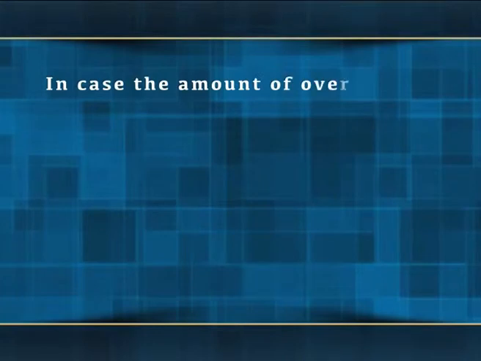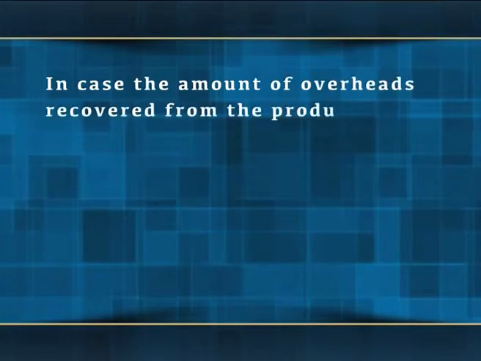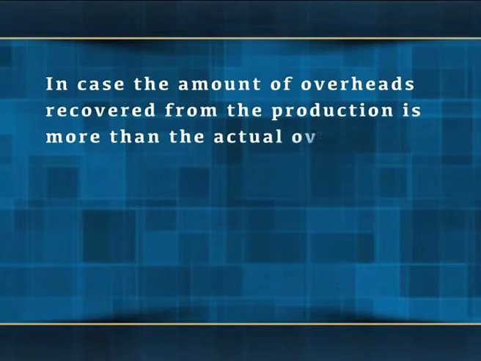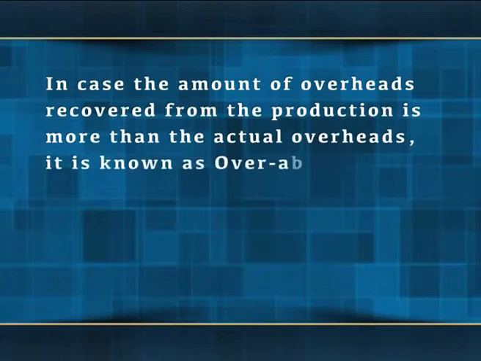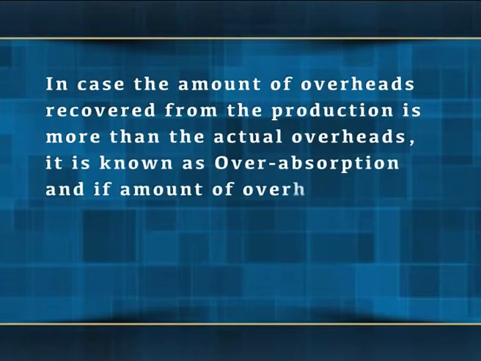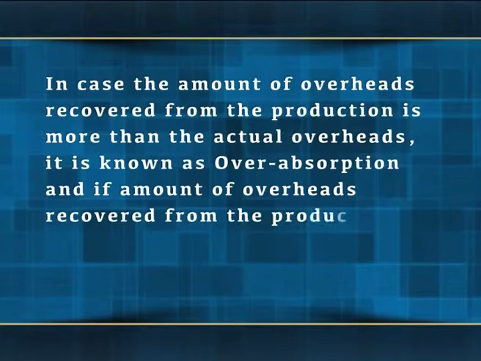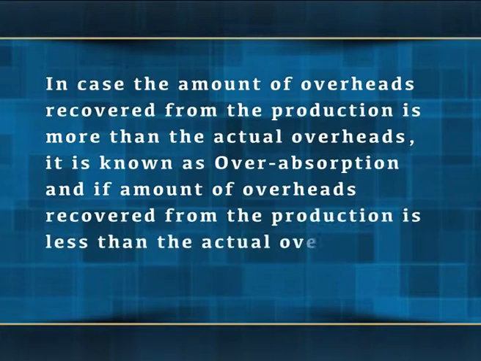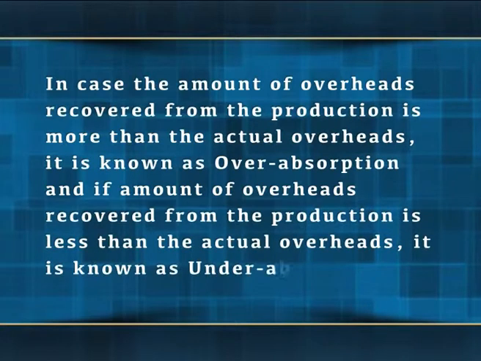In case the amount of overheads recovered from the production is more than the actual overheads, it is known as over-absorption. And if the amount of overheads recovered from the production is less than the actual overheads, it is known as under-absorption.